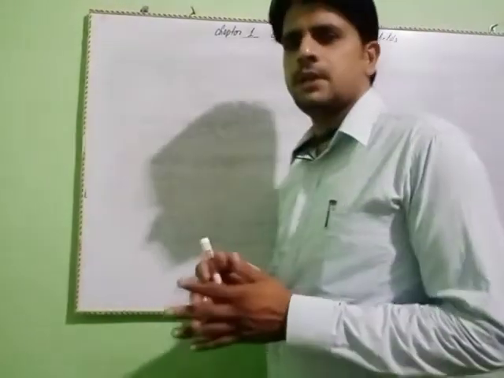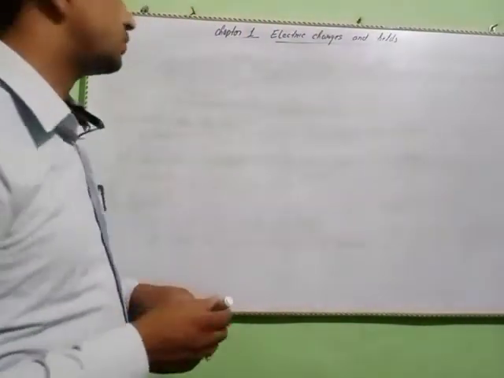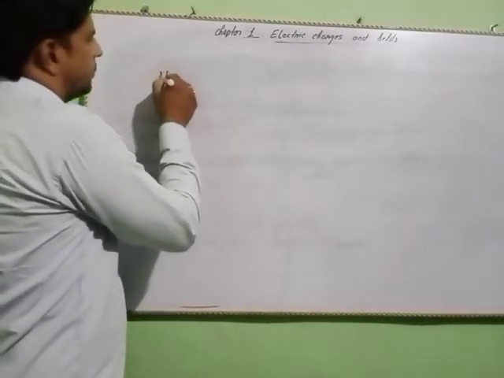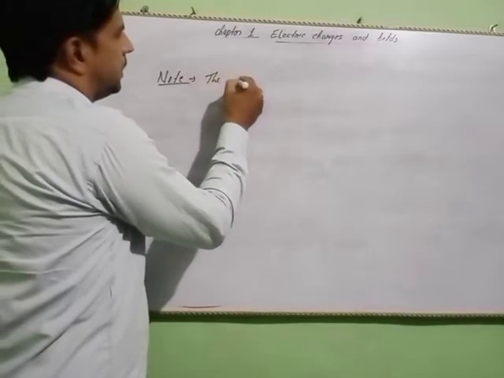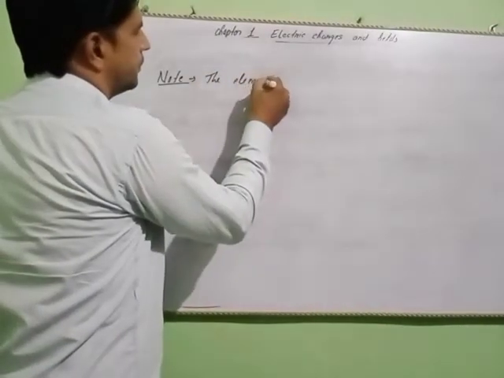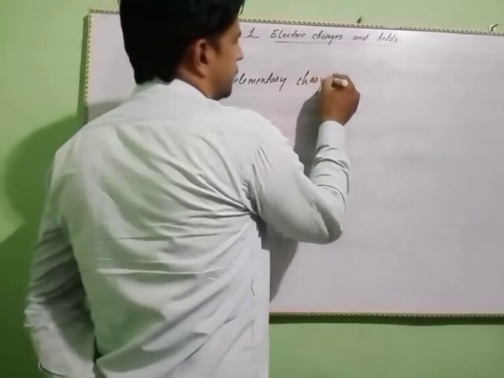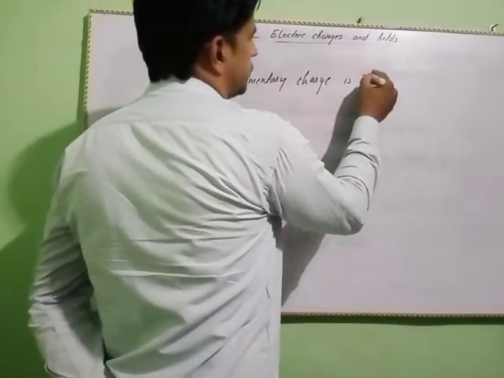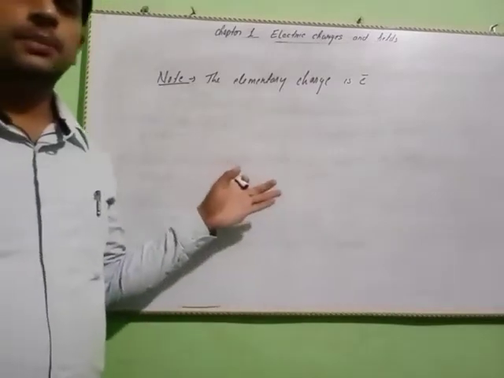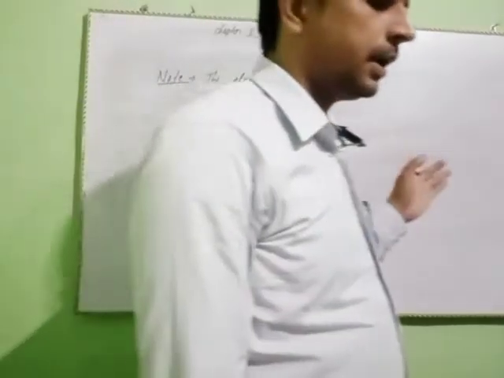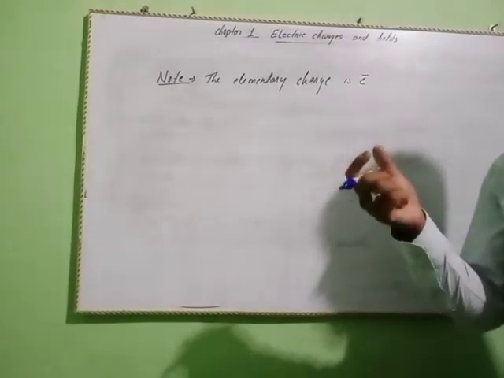There is also a small topic given in the book, Electron Theory of Charge. Make a note: the elementary charge is the electron. The basic charge available is the electron, the smallest charge we have.